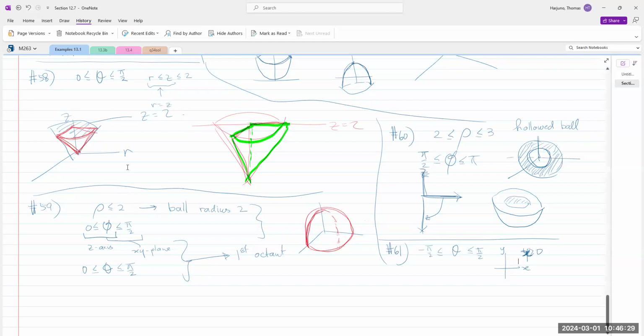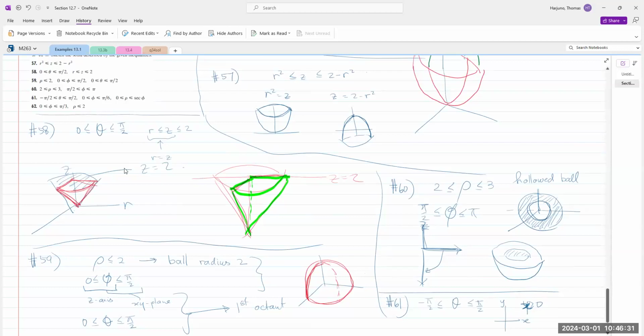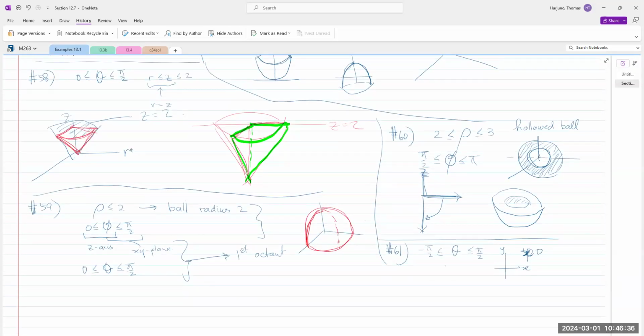And then what else? Phi is between 0 and pi over 6. So it is actually the filled-up cone, but we only take the part where x is positive.